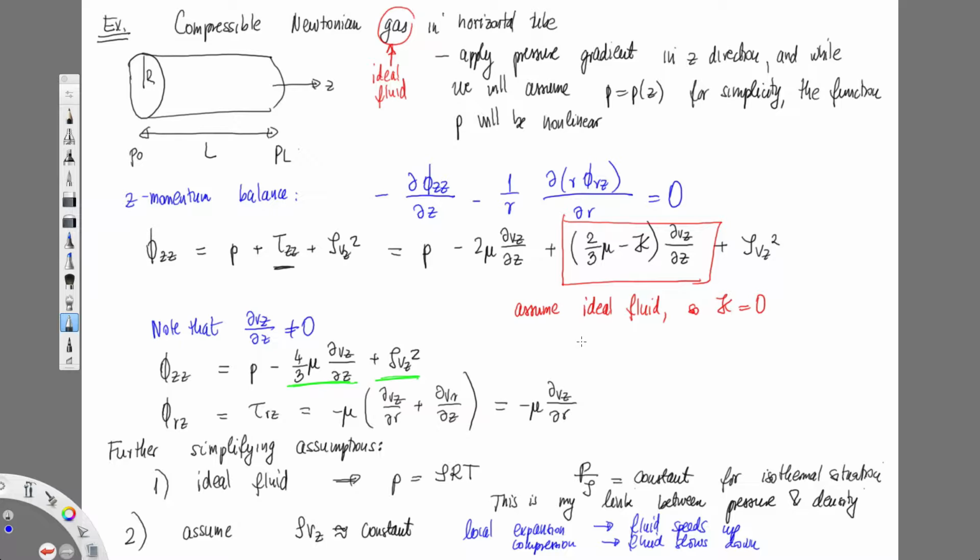And I will also assume that rho Vz, note that I have in this term here rho Vz times Vz, is approximately constant. So if I have any local expansion, fluid will speed up. And if I have any local compression, fluid is assumed to slow down almost immediately in reaction to that, so that my rho Vz remains constant.